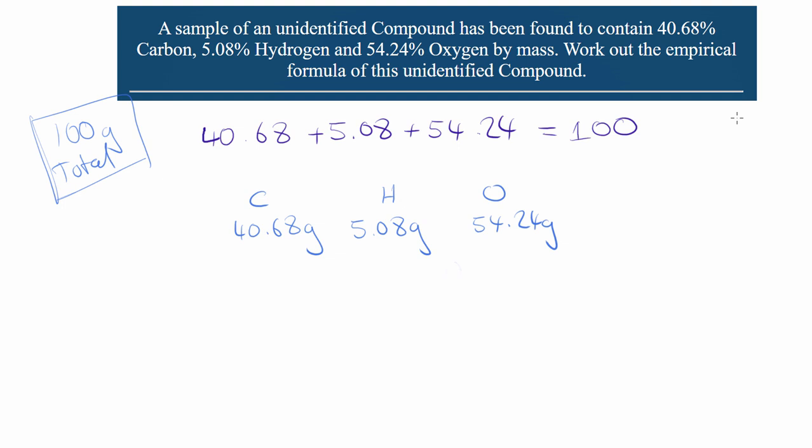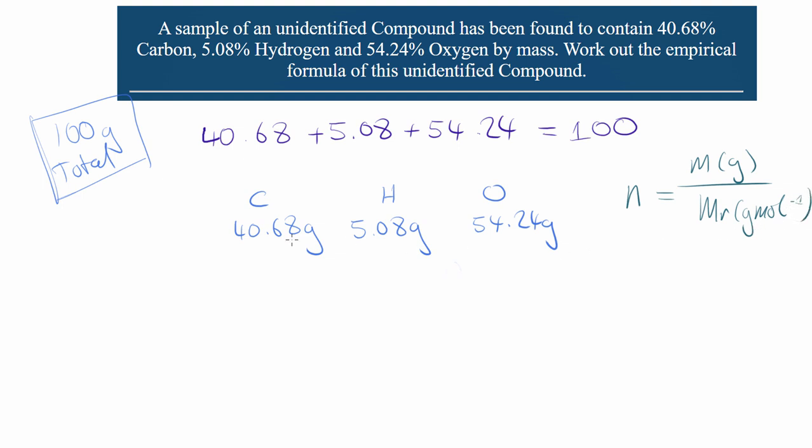And we know the way of approaching that typically is through moles, and moles n is equal to the mass in grams divided by the molar mass, in grams per mole.